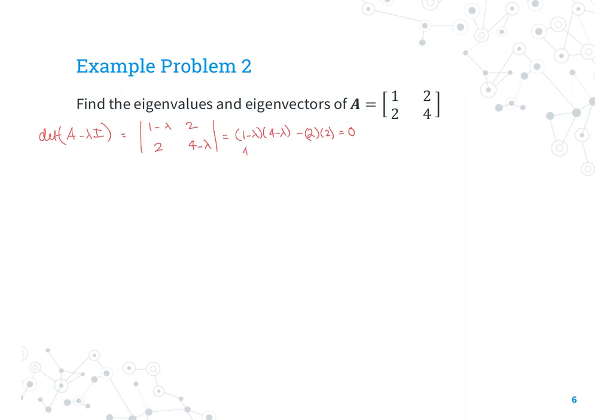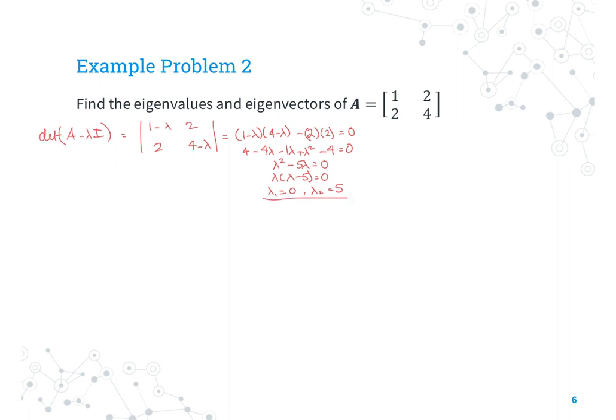So we end up with 4 minus 4 lambda minus 1 lambda plus lambda squared minus 4 equals 0. So our 4's cancel out, and we're left with lambda squared minus 5 lambda equals 0, or lambda times lambda minus 5 equals 0. So lambda 1 equals 0, and lambda 2 equals 5.